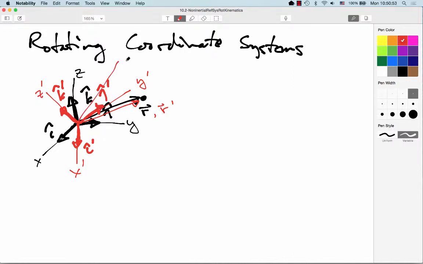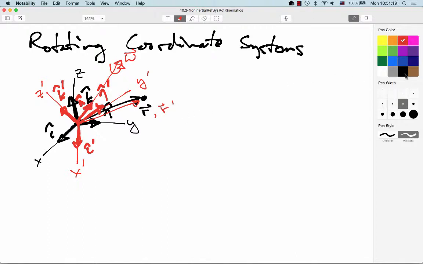So let's say this is our axis of rotation, and it's rotating around like so. In that case, omega will point along like that, so that's our rotation vector. We can also construct a unit vector for that, which we'll call n hat.